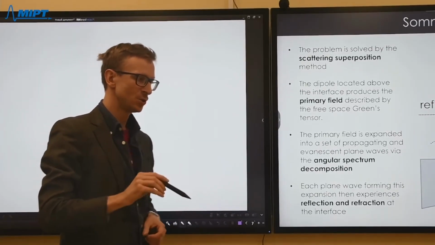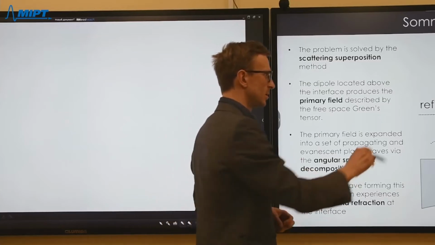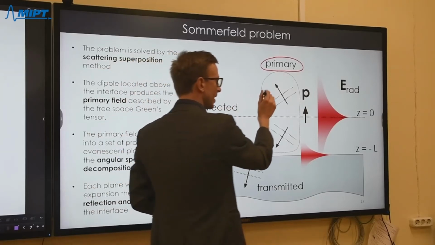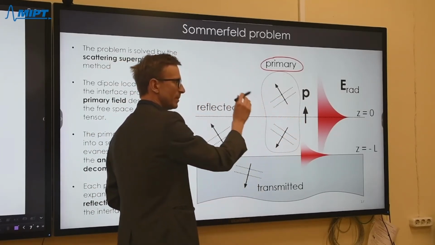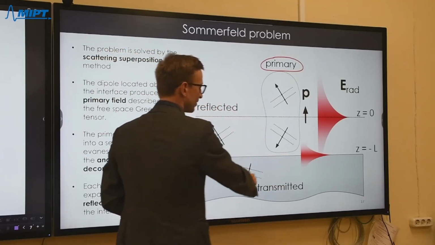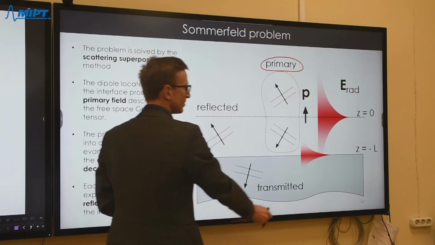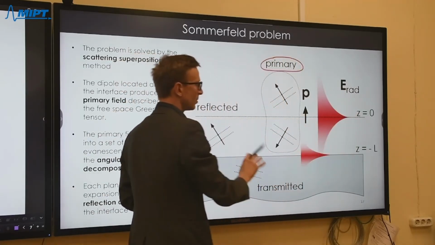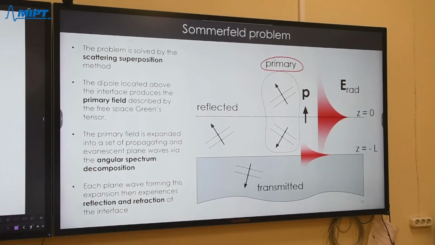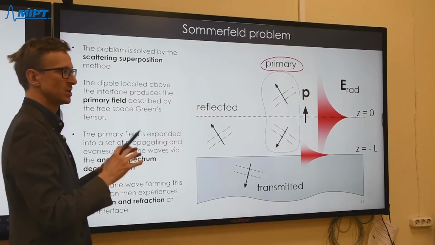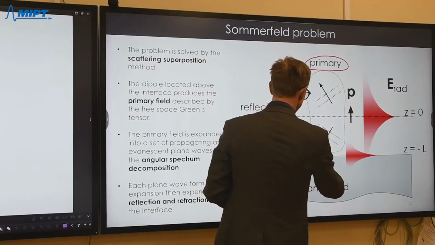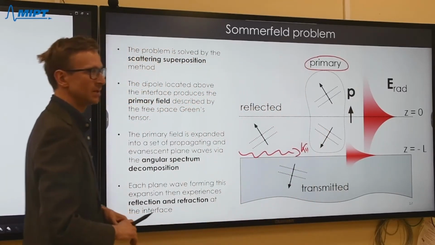What we need to do is to accurately describe reflection and transmission of every plane wave entering this expansion. There are continuously many plane waves, and we need to describe reflection and refraction of every one, whether it's a propagating homogeneous wave or an evanescent wave. We need to do this for both polarizations, S and P, and bring all that back together into a single piece, integrating over all in-plane wave vectors k parallel, and that would be the answer.